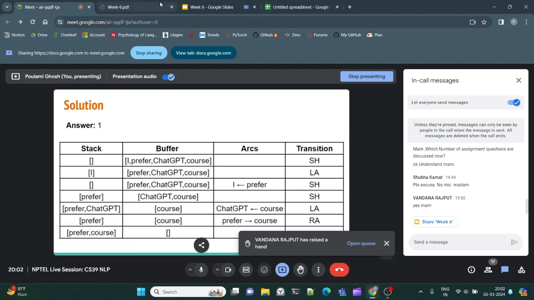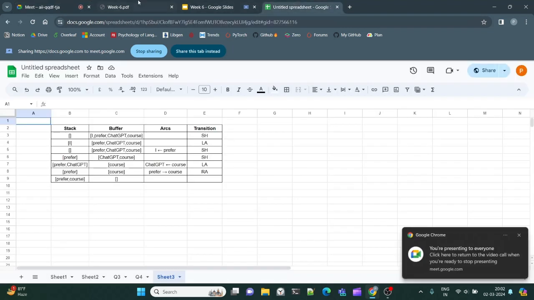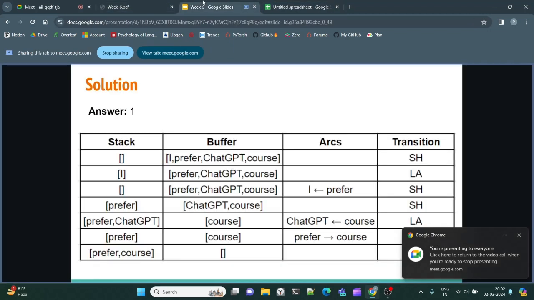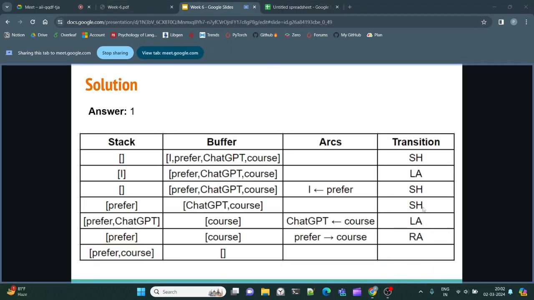Ma'am, here shift operation, shift transition means to shift the word in the stack. Shift transition means you take the word which is there at the top of the buffer, and you move it to the top of the stack. So here, for example, prefer was there at the top of the buffer, so I now place it at the top of the stack.